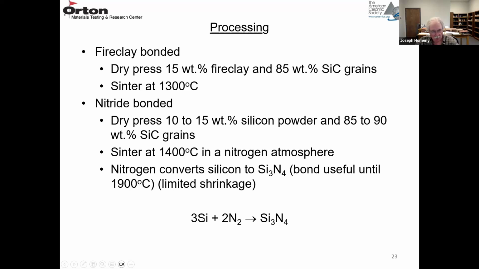So the nitrogen, N2, reacts with the silicon, and that forms your silicon nitride. So again, the nitrogen converts silicon to silicon nitride. This material is useful to about 1900 degrees C. And one advantage of forming a refractory block or shape is that when you nitride it, there's very limited shrinkage. So it's kind of a net shape forming process.